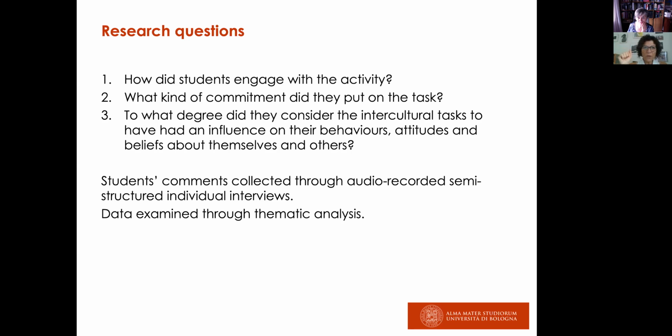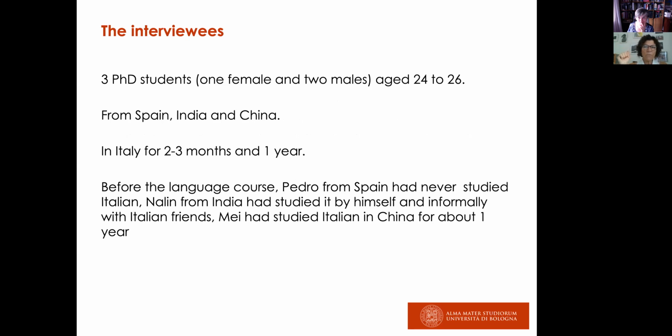The interviewees we examined were 3 PhD students, 1 female and 2 males, aged from 24 to 26. They come from Spain, India, and China. They have been in Italy for 3 months to 1 year.